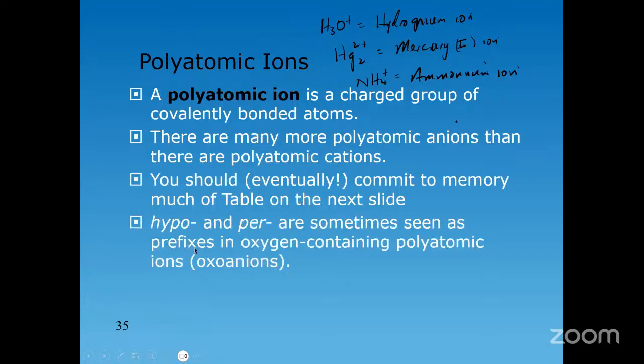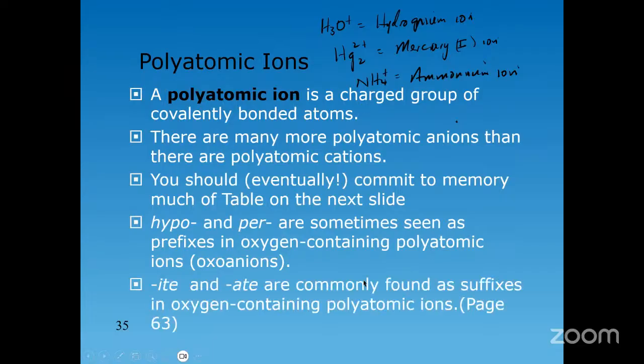And then you may see some other prefixes like hypo and per. Basically, this is in reference to polyatomic ions that contain oxygen. They're called oxyanions, right? Hypo means that there's one less oxygen than indicated in the name of the formula, and per means one more oxygen. But you don't need to remember that because these ions will be available to you during your tests and exams.